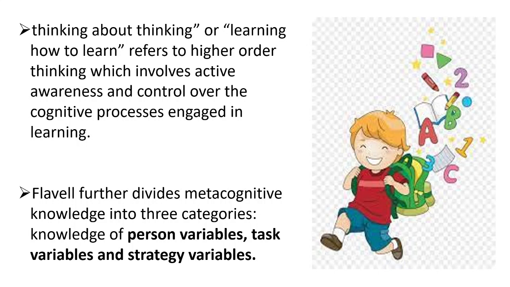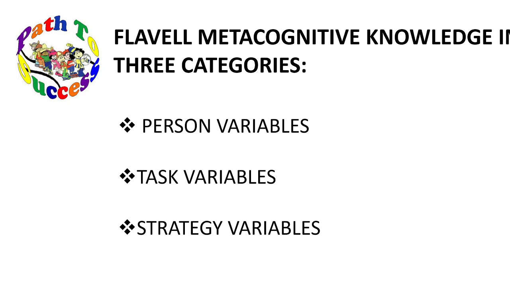So, knowledge of person variables, the second one is the task variables, and the last one is the strategy variables. So for these 3, we will include this discussion in our next meeting. So next meeting, we will tackle these 3 variables.